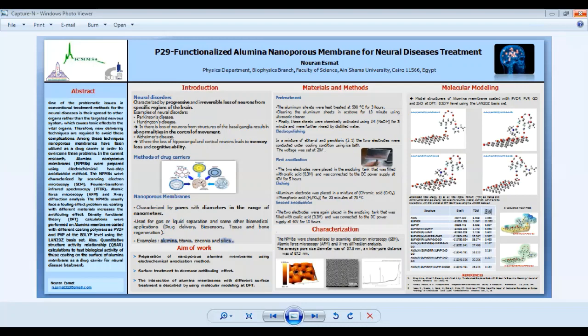After that, the aluminium sheets were first anodized in 0.3 molar oxalic acid at a potential of 40 volts for 5 hours. Second anodization was carried out similarly to the first anodization, but for a different time.